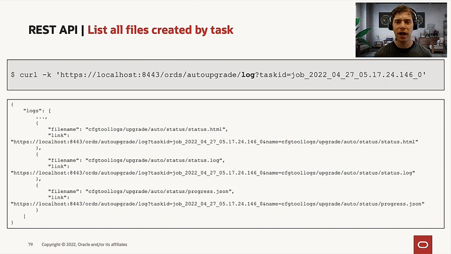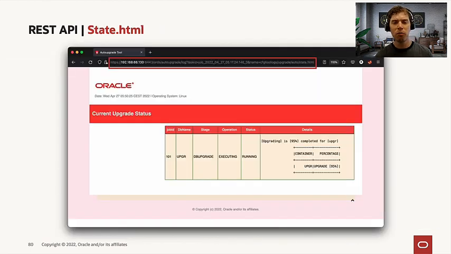And now if I want to get the log, all the files that we're creating during this execution, I can go against the log endpoint, providing my task ID. And here I have the list of the files that are created during this job execution. What I can do is copy this URL for a given file name that I want to check, and open a web browser and paste this link.